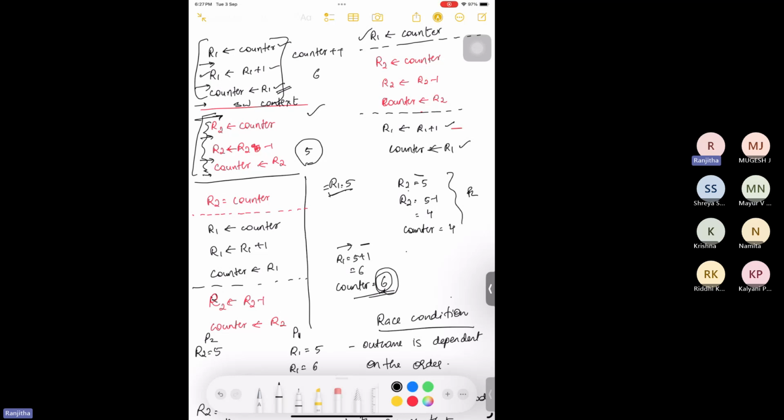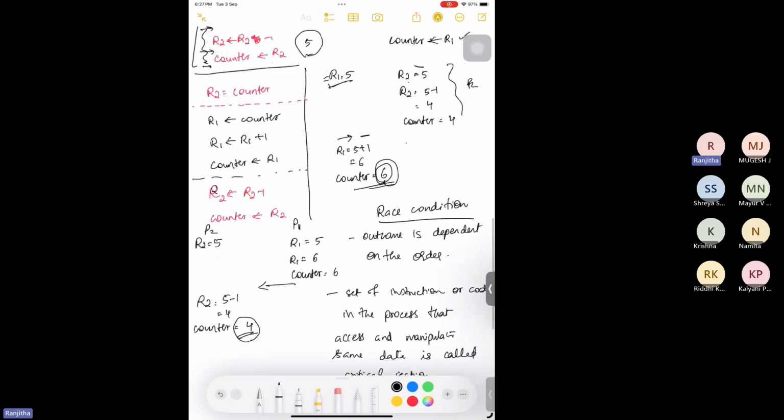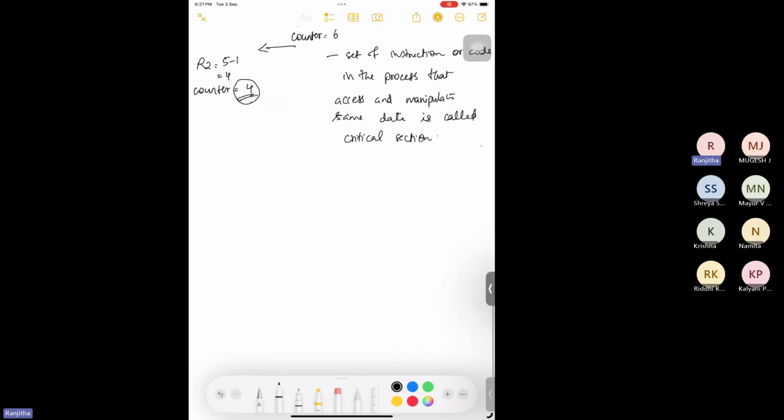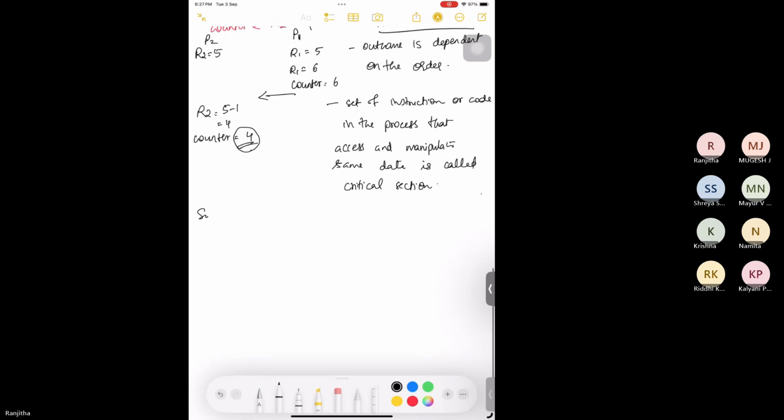So with synchronization, we ensure that only one process at a time will manipulate the critical data.